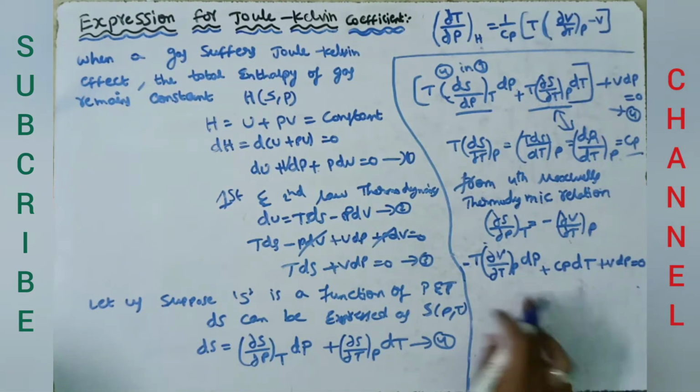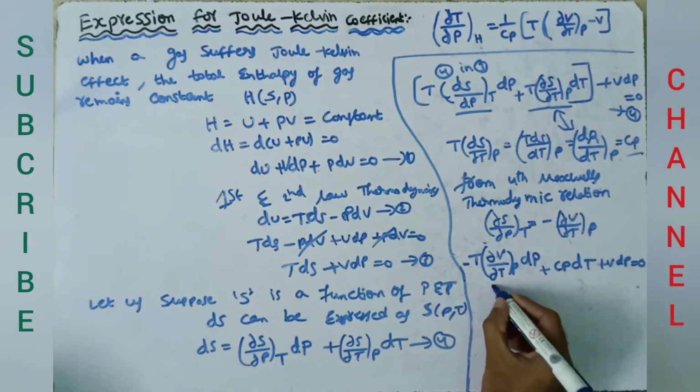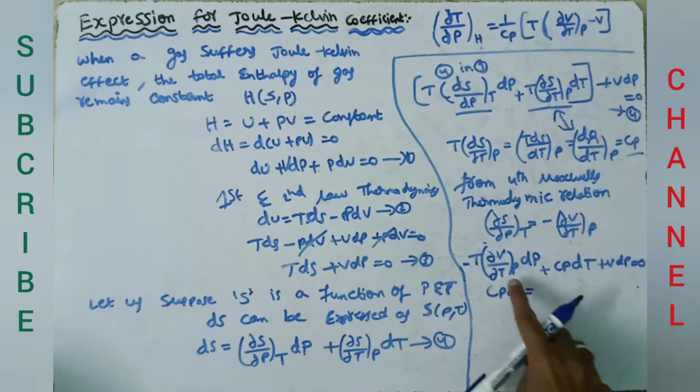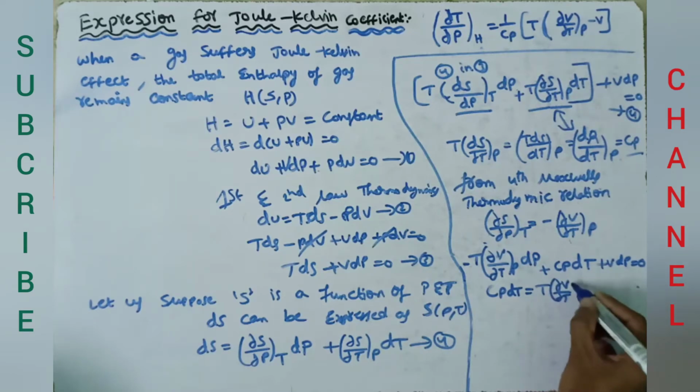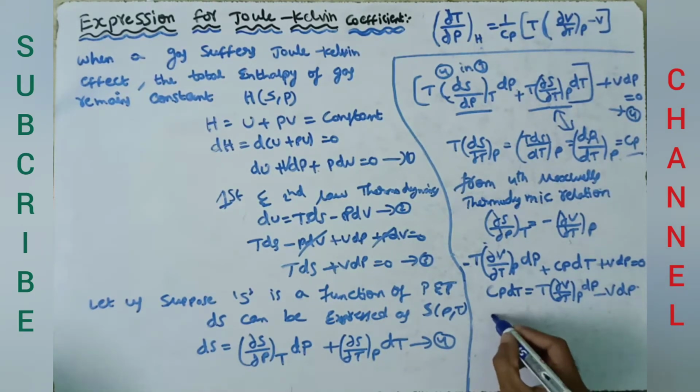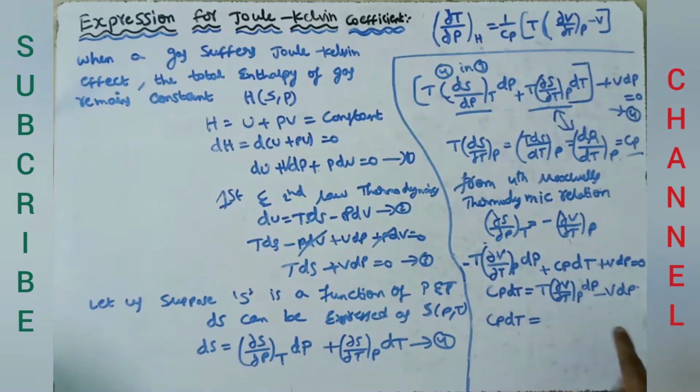Now we send this term and this term to that side. This equation becomes Cp dT is equal to, minus term becomes plus term, T dou V by dou T, pressure is constant, dP, and this term is plus term so becomes minus term, minus V dP. So now we take dP common, so this becomes T dou V by dou T, where pressure is constant, minus V, into dP, which represents change in pressure.